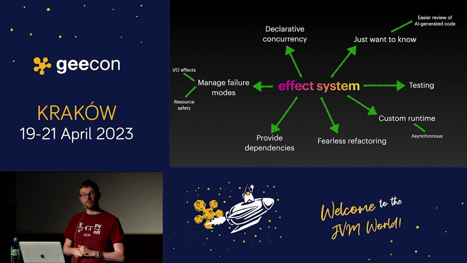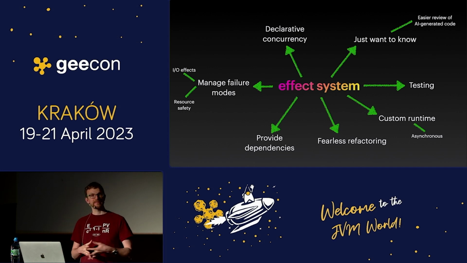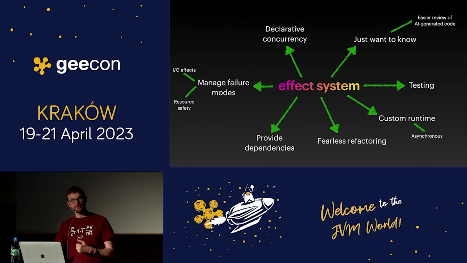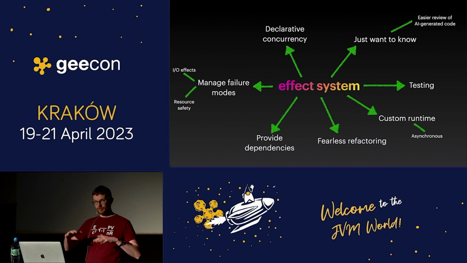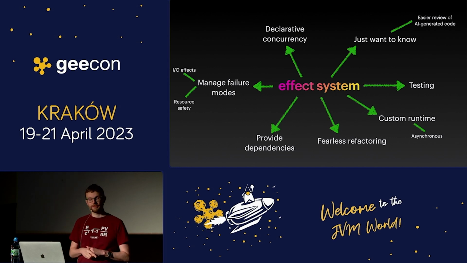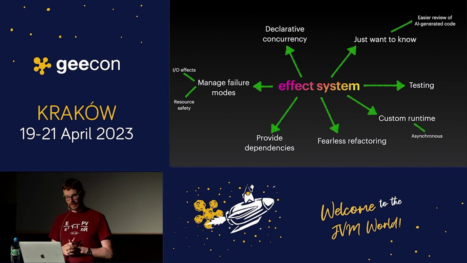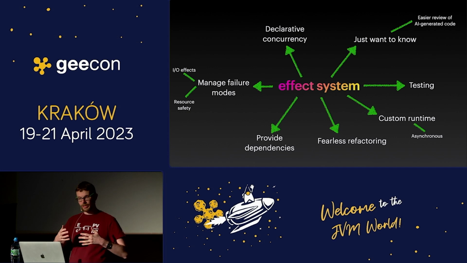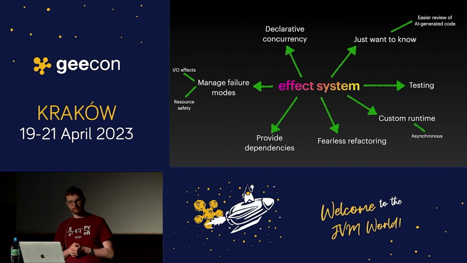Effect systems also often provide you a custom runtime, which might make it possible or easier to work with asynchronous computations. Until Loom, we had to build upon the synchronous Java runtime, which only exposed platform threads, and we had to build on top of that to provide an asynchronous runtime, which allows you to use the system resources in a more effective way.